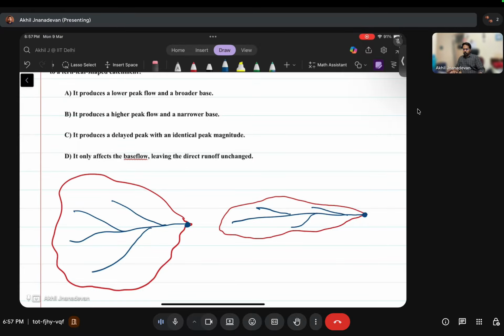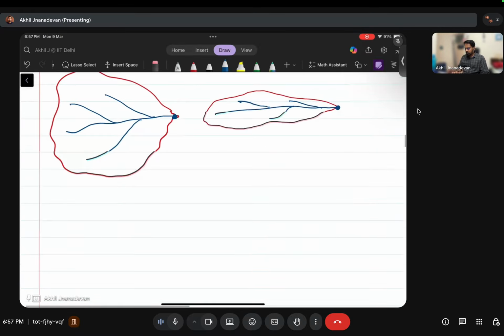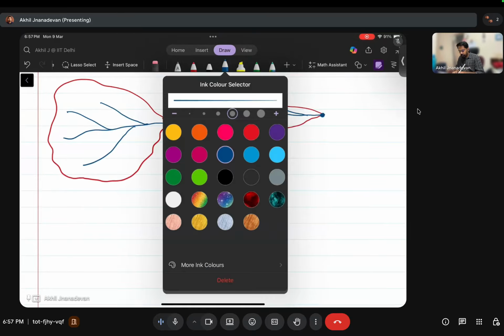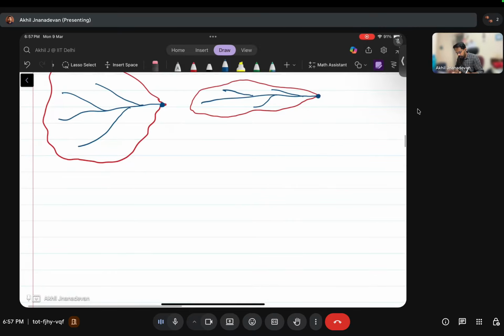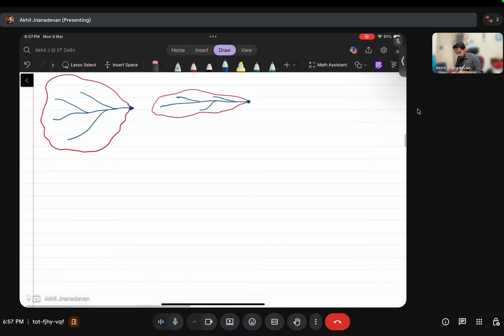Now on the basis of this, we can try to predict or guess the streamflow hydrographs. This is for the fan shape, and this will be for the fern leaf shape.